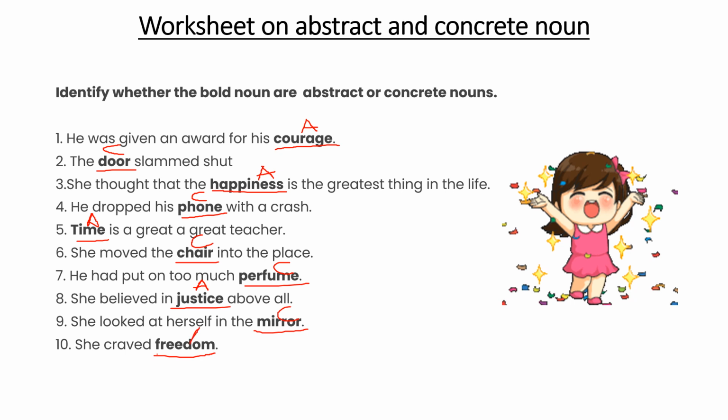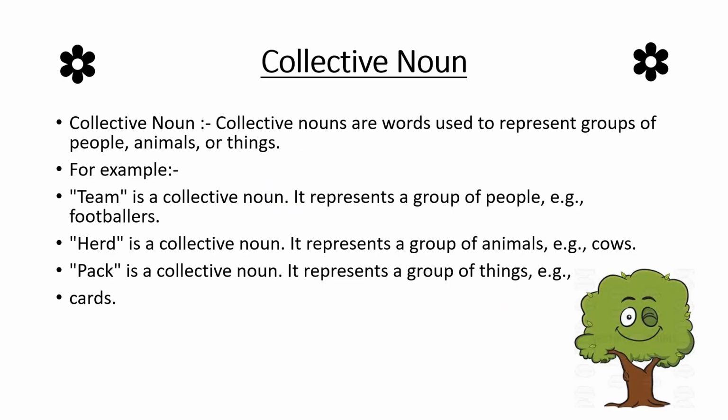Okay, I hope it is very clear, abstract noun and concrete noun. So let's move forward. Collective noun. Collective nouns are words that are used to represent a group of people, animals or things, meaning a collection of the same type of people, animals or things.